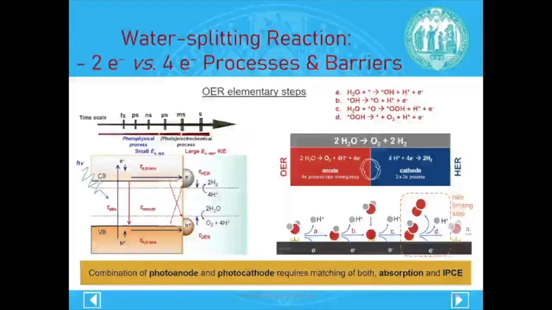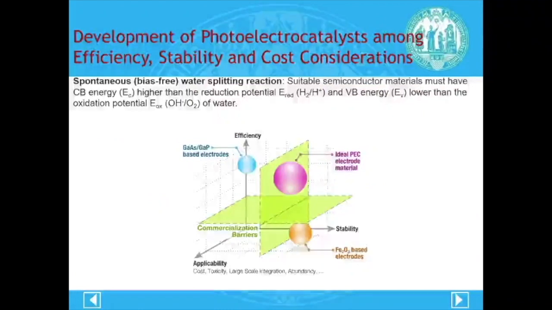We have here 2 reactions: the 2-electron process to produce hydrogen and the 4-electron process to create oxygen. These are the 2 complementary reactions, OER and HER, oxygen evolution and hydrogen evolution reaction. And for this, we need to match both absorption and incident photon-to-current conversion efficiency. That's why a large number of materials have been tested.